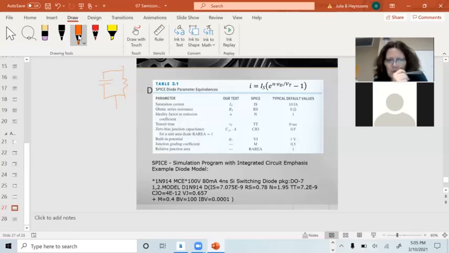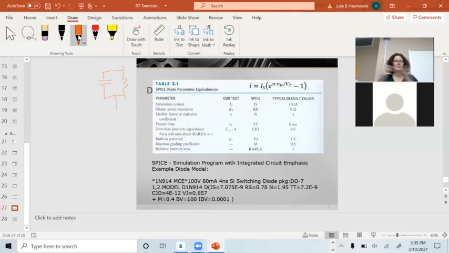So the idea here, when we're looking at the device, is we do the same thing with diodes. We want to create a model of the diode that looks like a linear circuit. It doesn't have inductors in it. It has capacitors, resistors, dependent voltage sources, possibly dependent current sources.